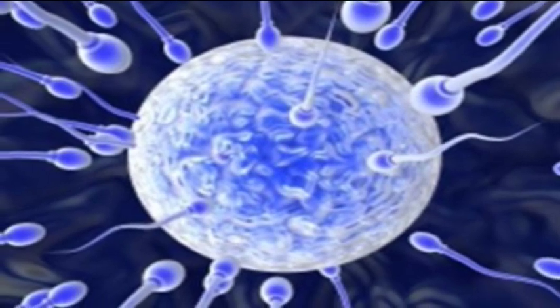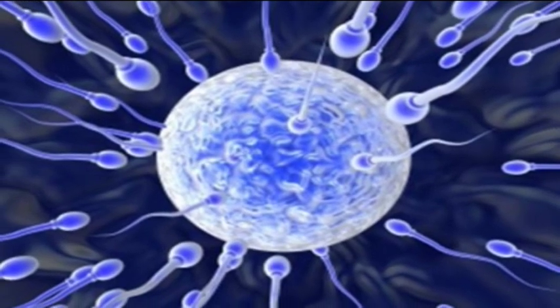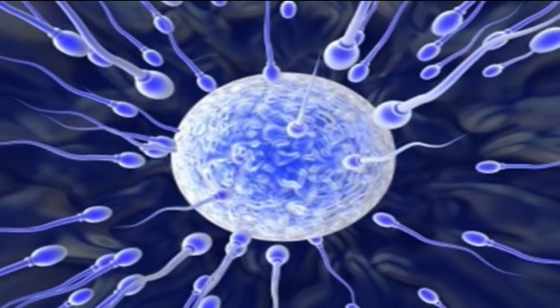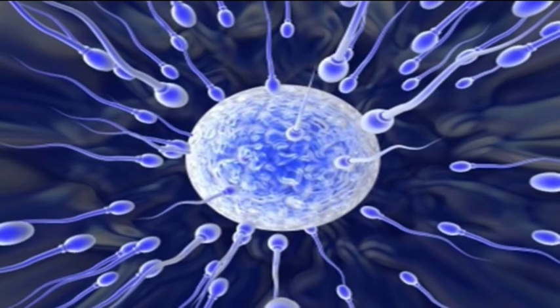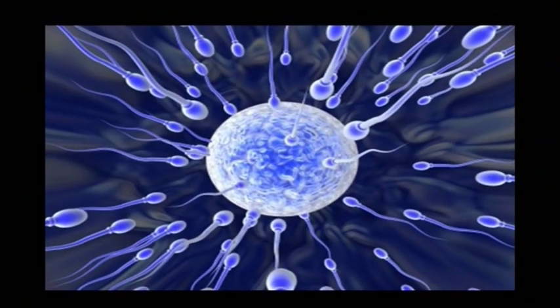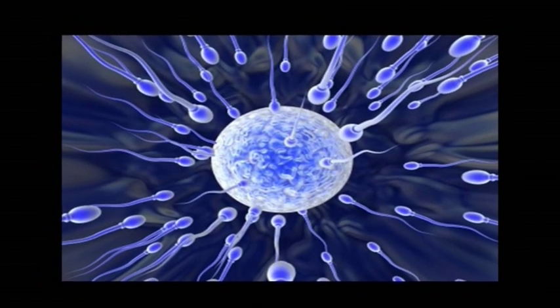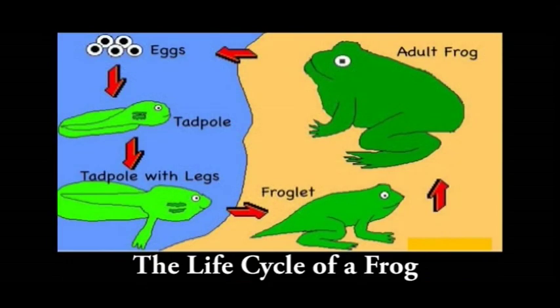From the development of the eggs in the female and the sperm in the male and their union, there is a series of changes, often involving several unlike forms, which lead to adulthood and the production of progeny for the next generation. This sequential growth from the fertilized egg to a sexually mature adult constitutes the life cycle of the individual.